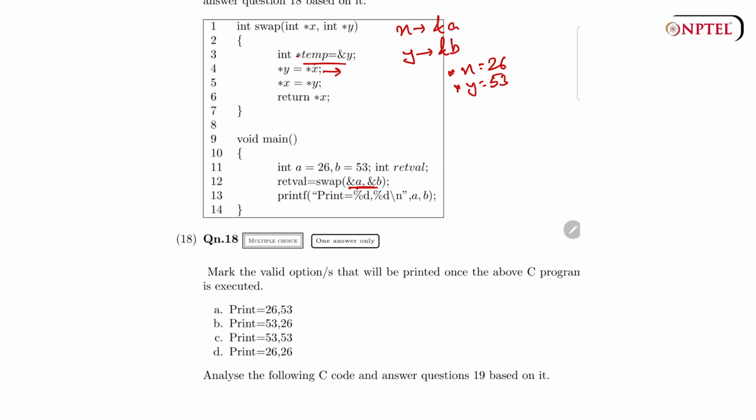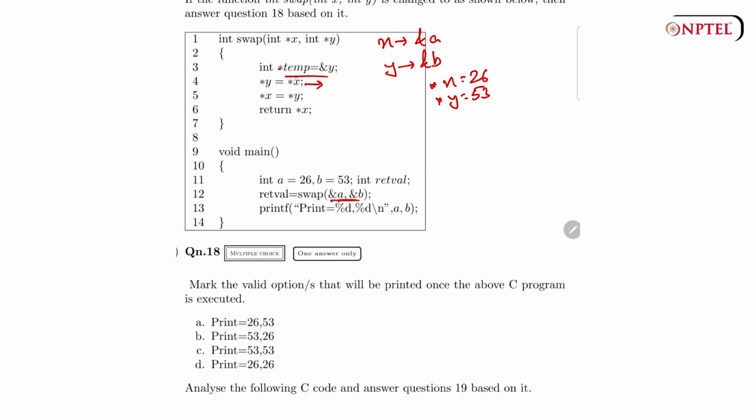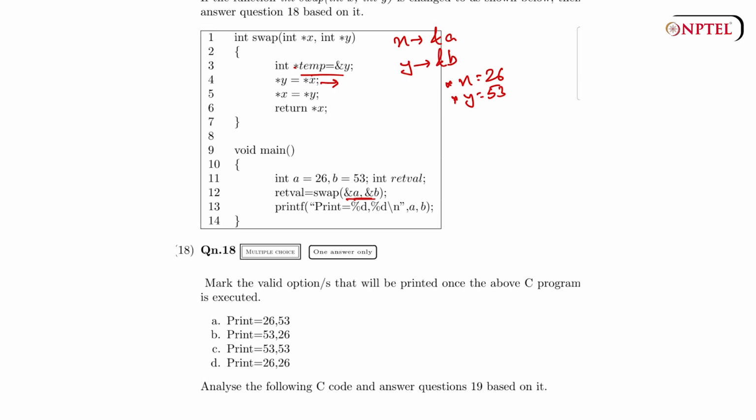Now the step where star y equals star x means the value at b is going to be changing.